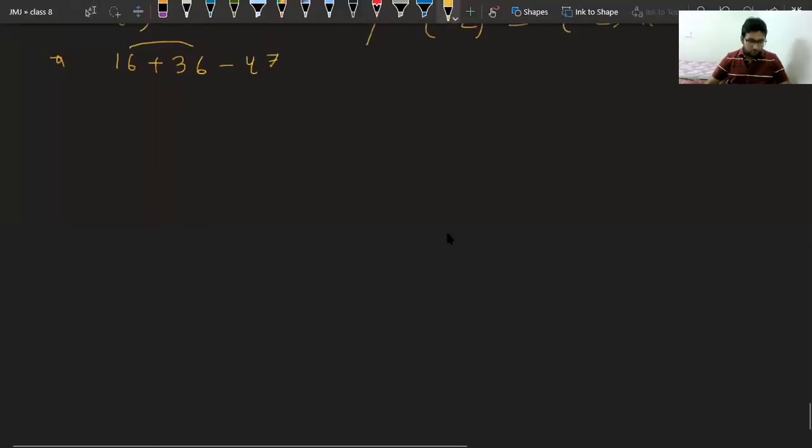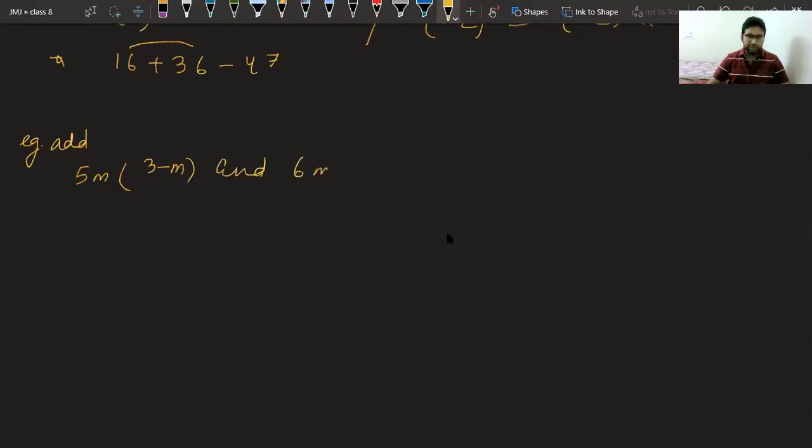Yes. Now try this example, please, class. Add 5m, 3 minus m, and 6m square minus 16m. Please find this answer. You have to solve them separately and then add them.